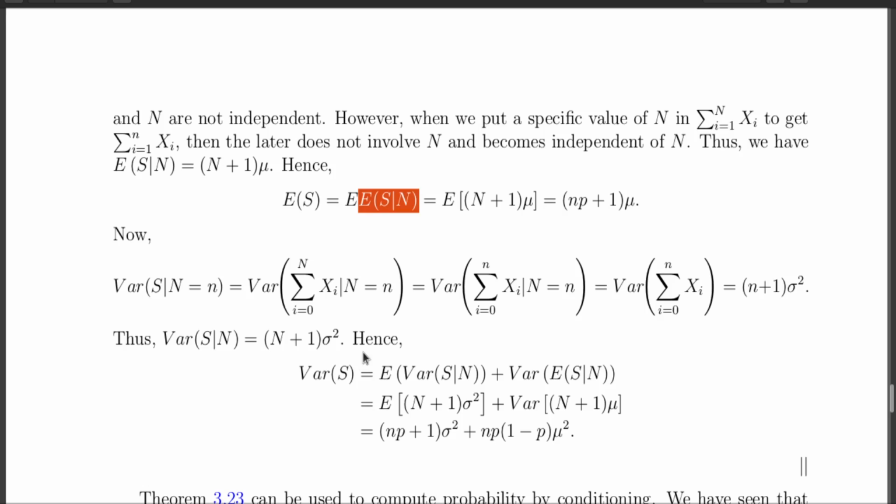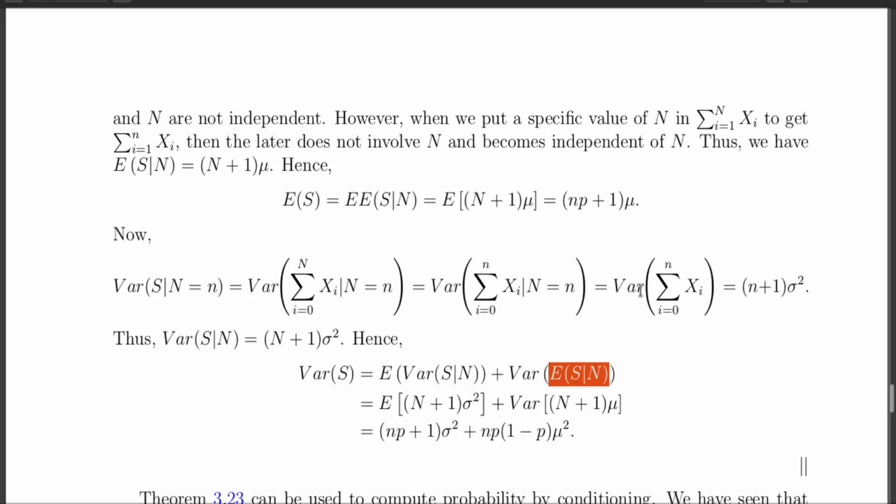Now let us talk about the variance. When I try to find the variance, I need to find the conditional variance. The conditional expectation we have already found. So for the conditional variance, we proceed in the same manner. It is the variance of the summation of X_i, i runs from 0 to n, given N equals n. I put the particular value of n here. Both parts are independent because there is no capital N in this part, only the X's are there, so this N equals n can be removed.